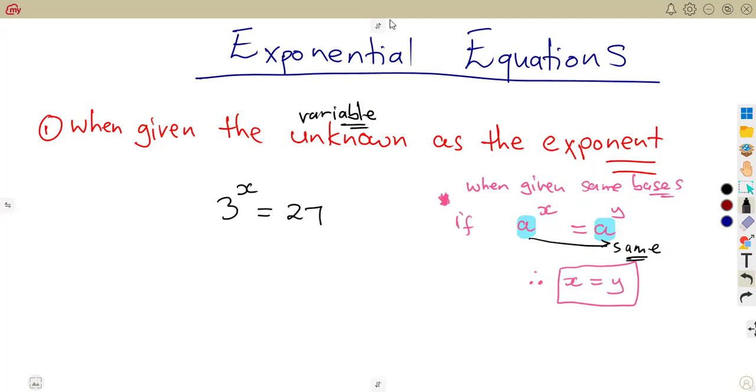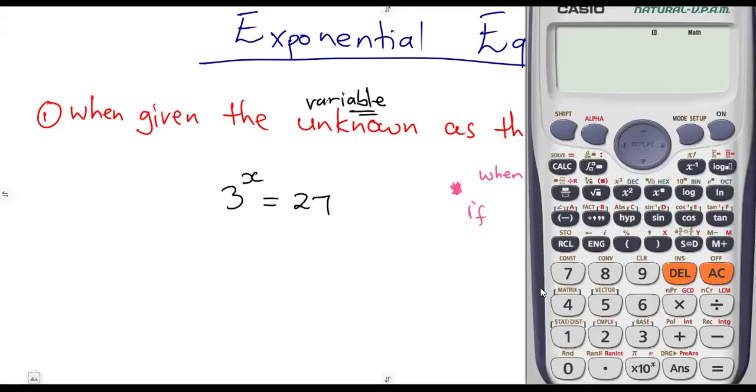So this is how you use your calculator to know the simplest number, like this 27. Which exponent can be used on 27? You'd simply do this one on your calculator. 27 is equal to, okay? Then you do this one. You say 27 is equal to, then shift, you press fact.